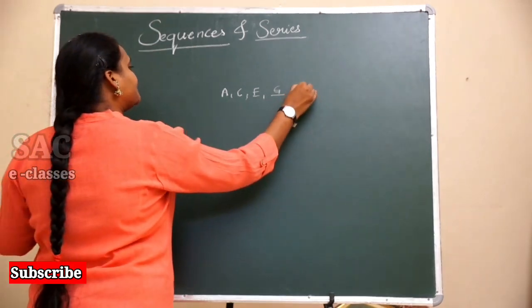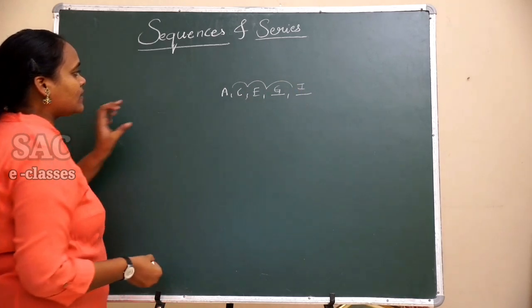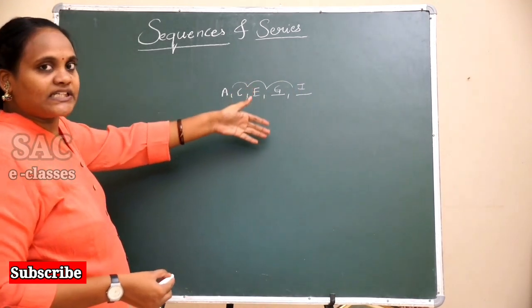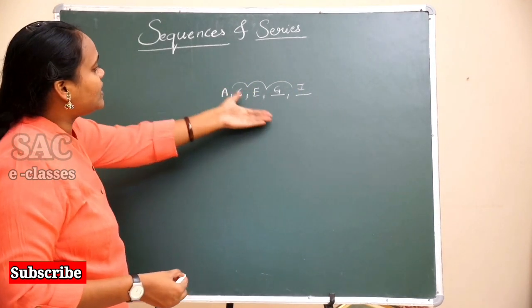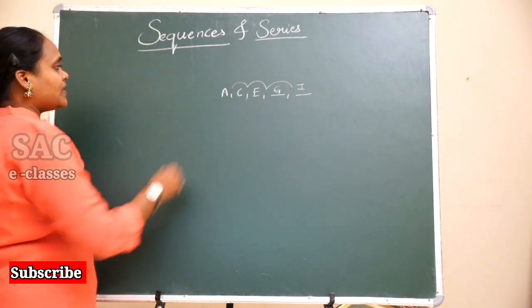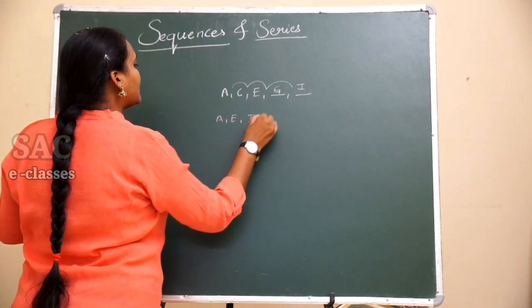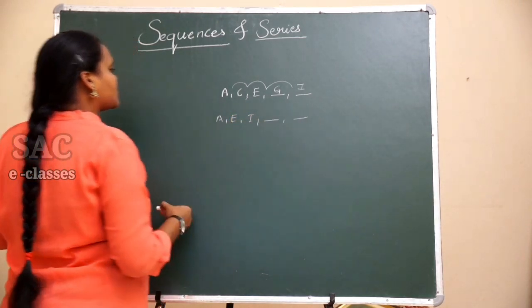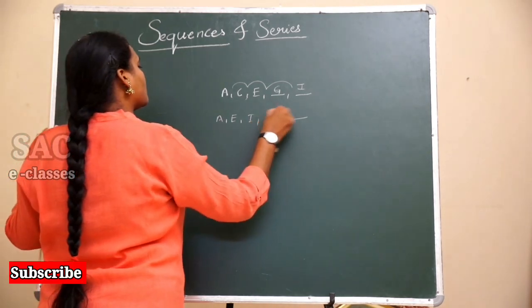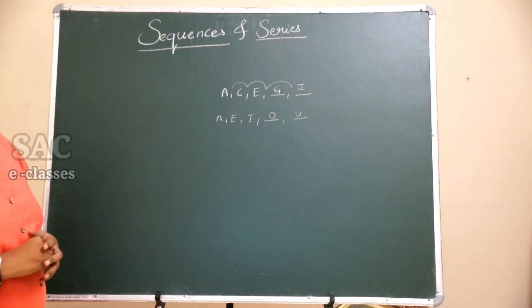You will get I. Simply, what is the thing behind it? The reason is, I have skipped one letter. Nothing but alternate English alphabets I am writing. If I have written A, E, I, can you guess what is the next one? Obviously you can guess it is O or later U, because I am writing the vowels of the English alphabet.